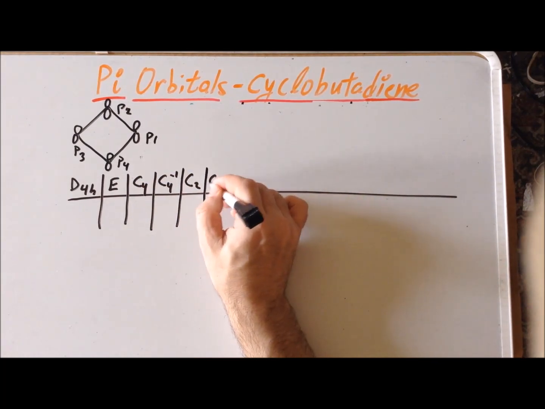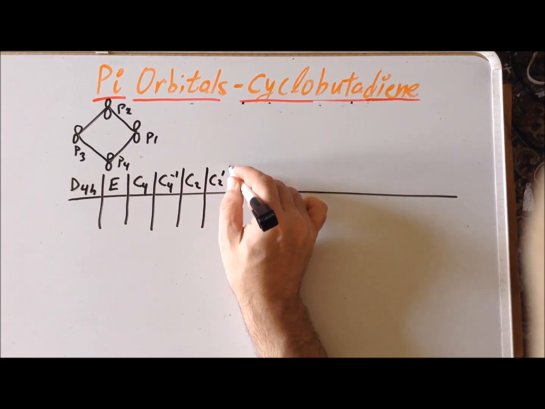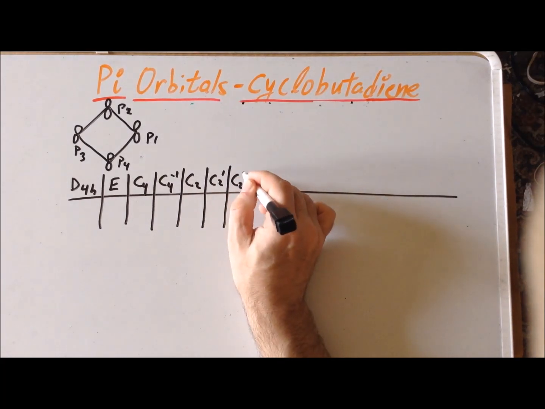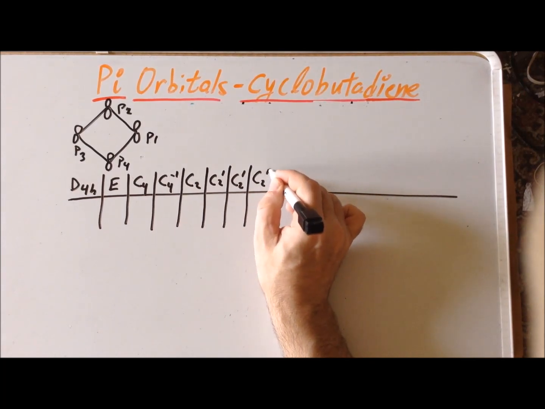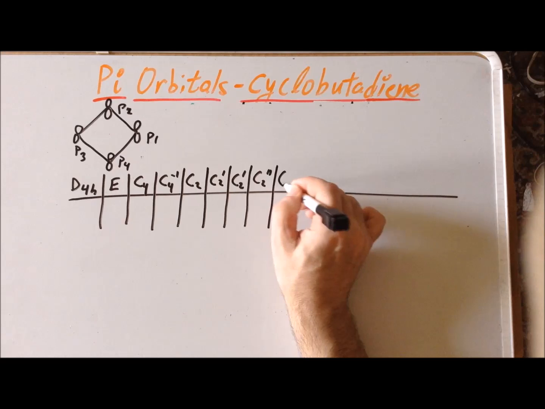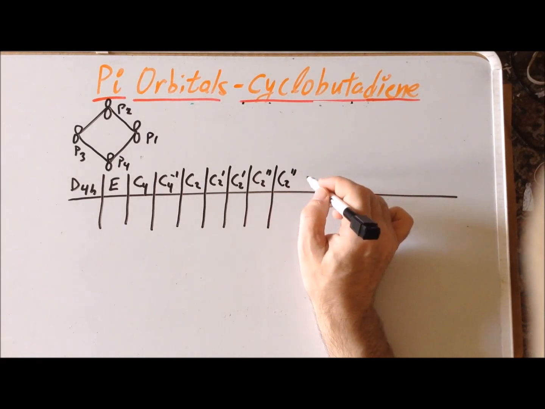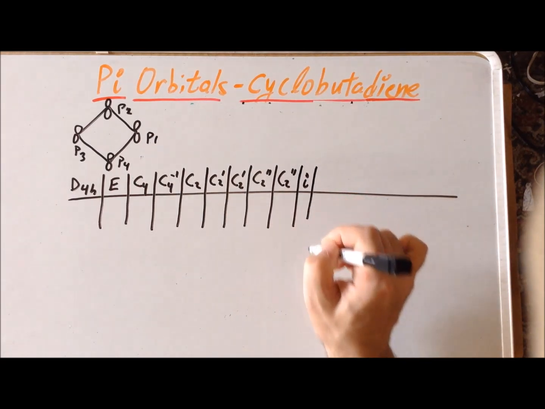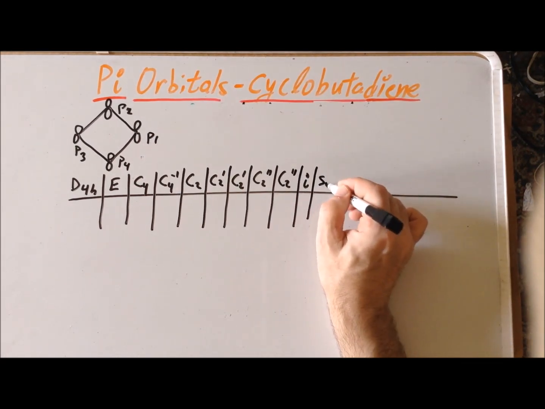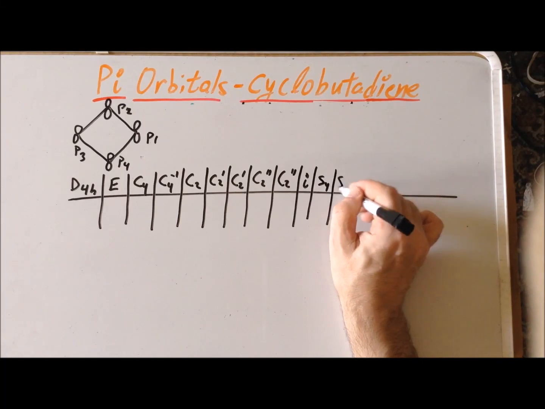Then we have 2 C2 primes. We have 2 C2 double primes. We have the inversion. We have 2 S4s, so we have S4, and then S4 to the -1.